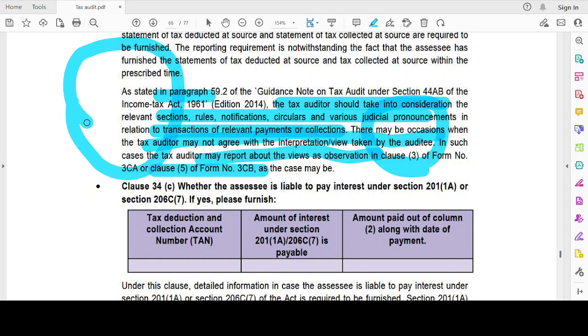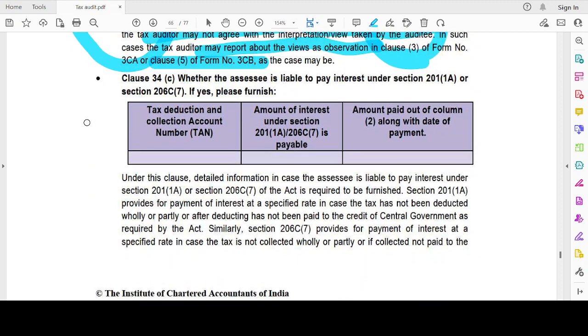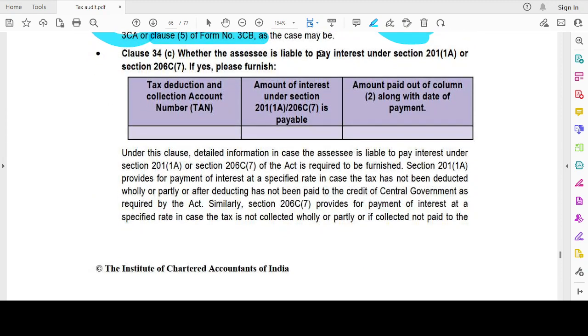There will be a space in the utility for the observation or qualification or remarks of the tax auditor. In that, it has to be updated if there is any discrepancy in relation to the interpretation taken by the assessee.